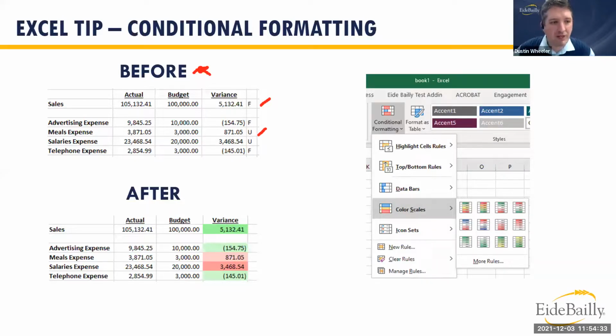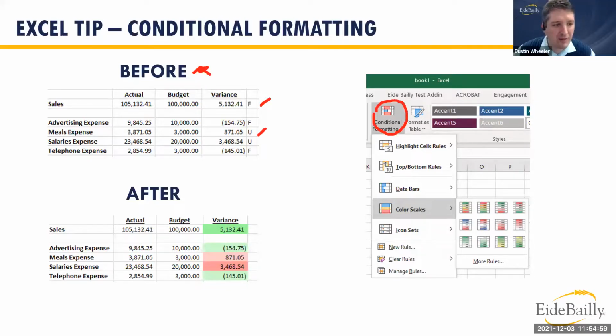Well, what you can see down below in the after, now we're putting a little more color in the report. We're making it a little easier to read and quickly spot maybe where things have gone over budget or under budget. So you can do this all with a thing called conditional formatting. You can see this button right here on the Excel ribbon. So conditional formatting now will color a cell based on what the amount is.